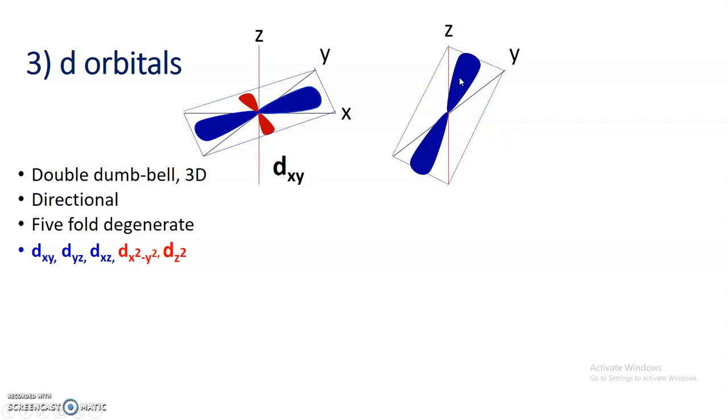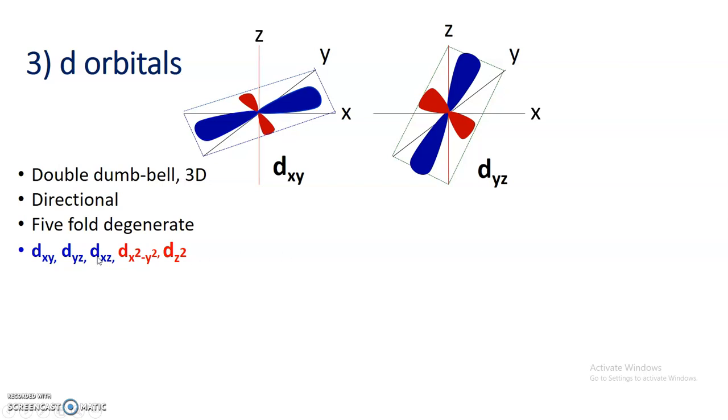These negative lobes, or lobes with negative sine wave function, are oriented in between the y and z axes. Similarly, these two lobes are oriented again in between the y and z axes. So altogether 4 lobes are oriented in between the y and z axes, but all the 4 lobes are oriented along the yz plane. And here the x axis is at right angle to this plane, and this is the dyz orbital.